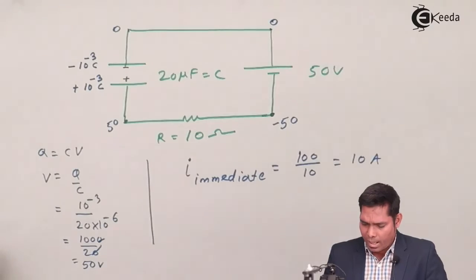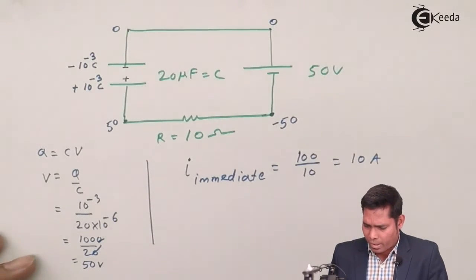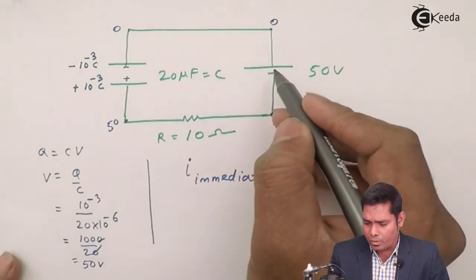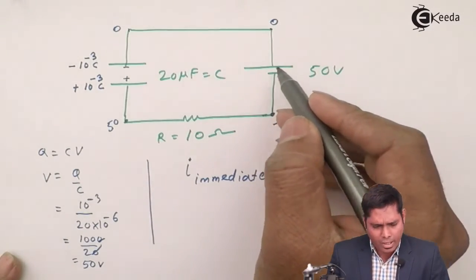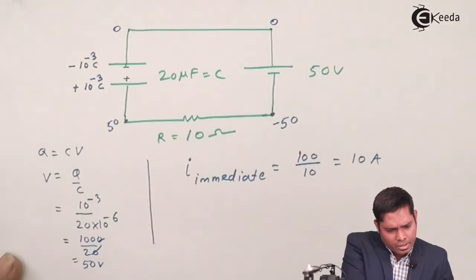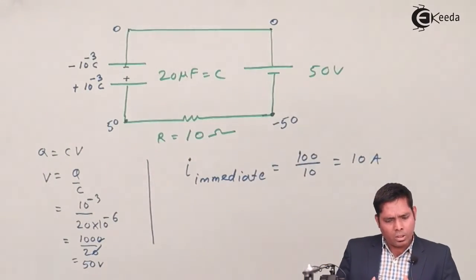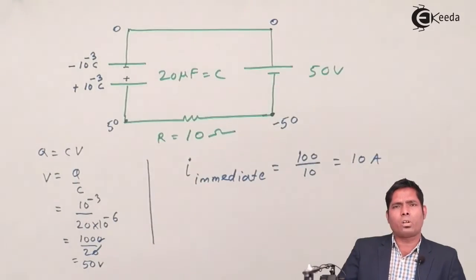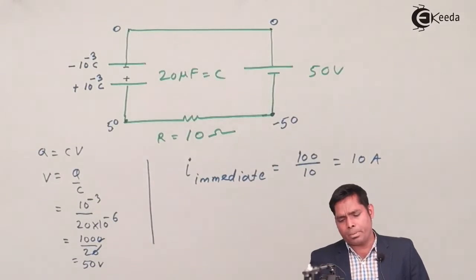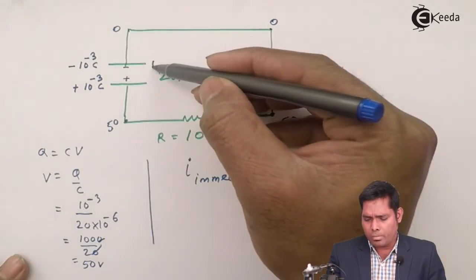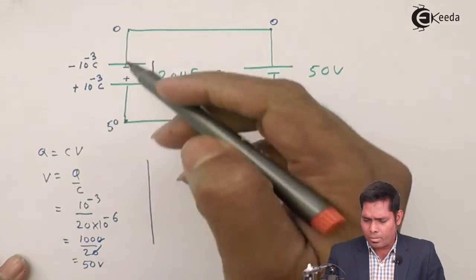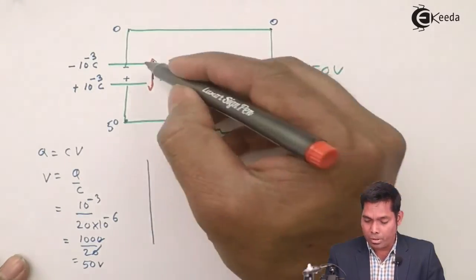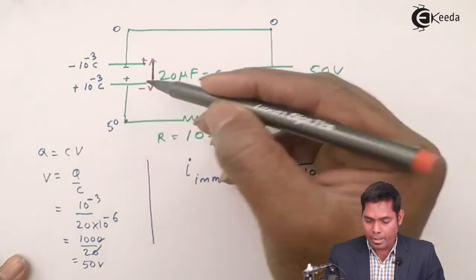The new situation is that if I draw the diagram properly, I will use this red pen for that. After a very long time, you allow the current to flow according to this battery. After a very, very long time, the battery will maintain a potential difference of 50 volt across it, but in the opposite sense; this will become plus and this will become minus.